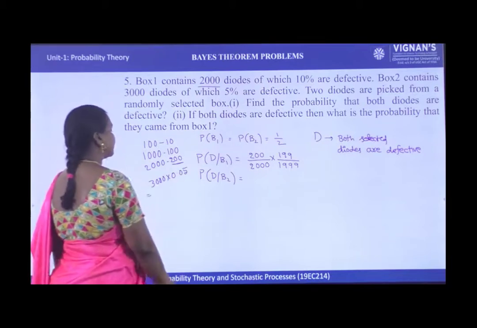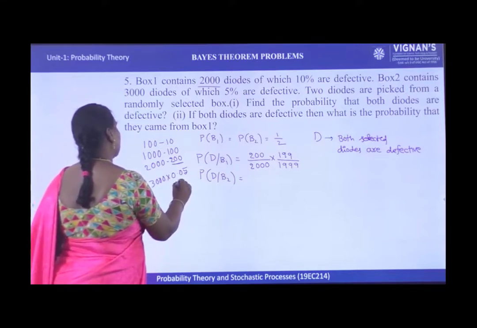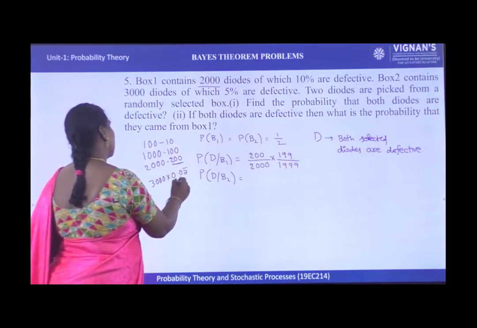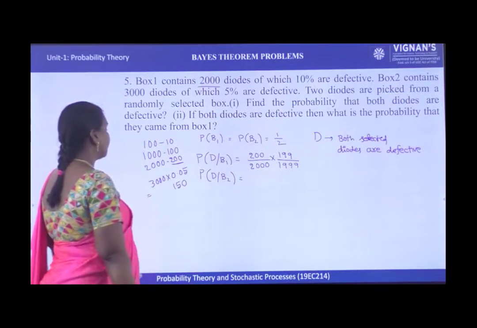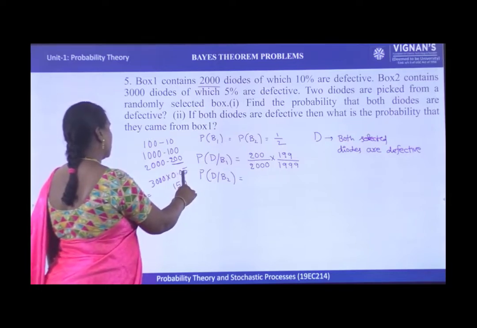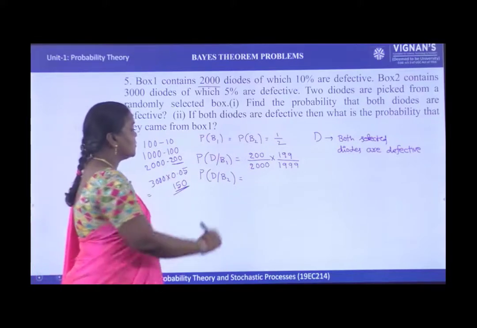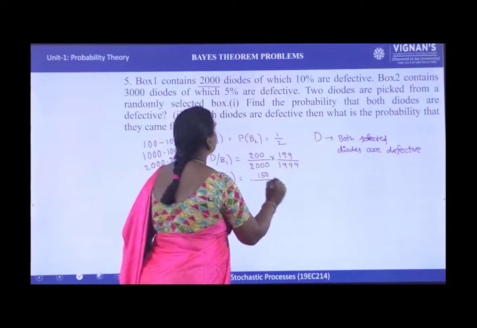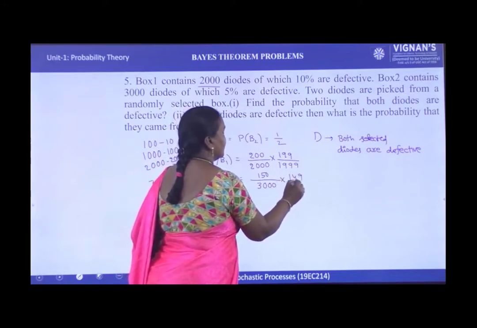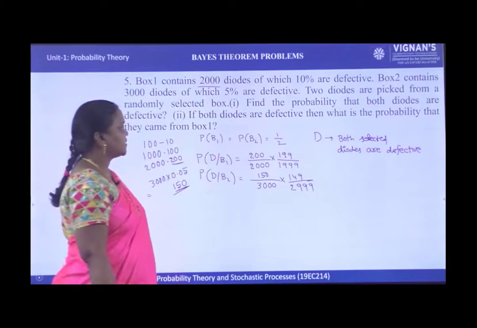So how much? 150 diodes are defective. So 150 by 3000, into 149 by 2999. So this is the probability of defectiveness.